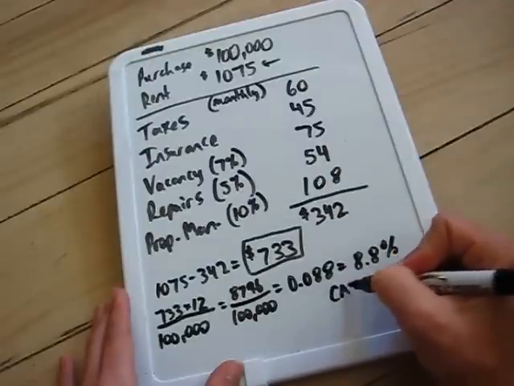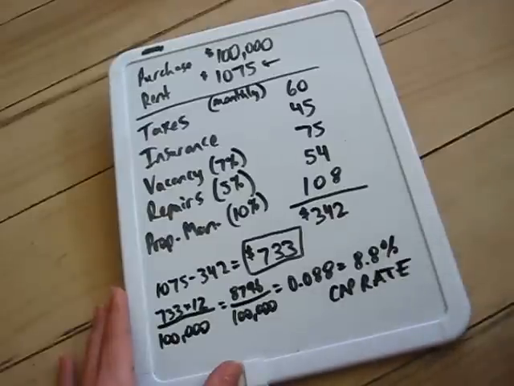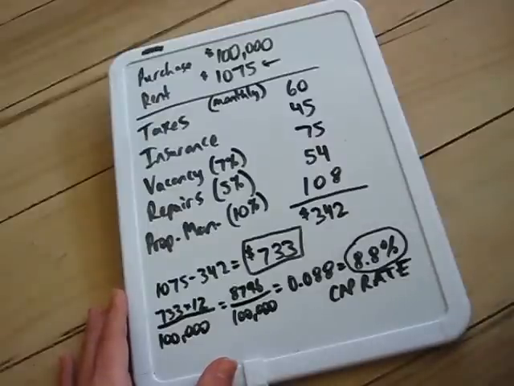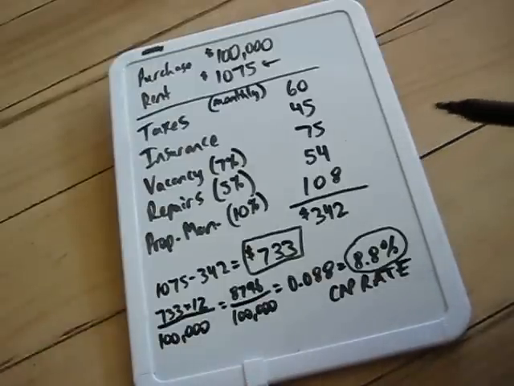This is your cap rate. Okay, that is the main number. That's going to explain to you where the income is in relation to how much you paid for the property.